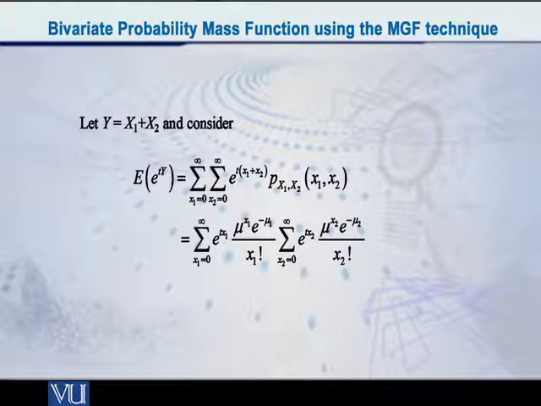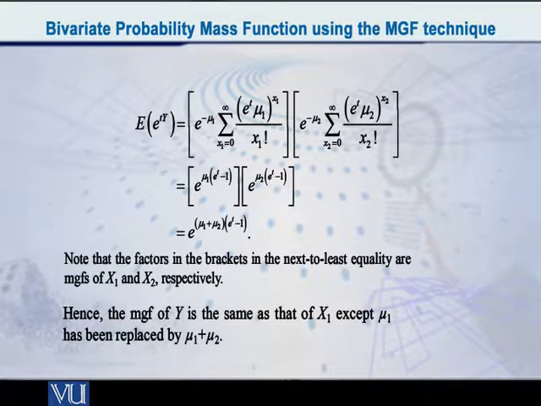The expression will be expected value of e raised to ty is equal to summation over x1 of e raised to tx1, mu raised to x1, e raised to minus mu1 over x1 factorial, और इसके बाद we will be writing summation over x2 of e raised to tx2, mu raised to x2, e raised to minus mu2 over x2 factorial.